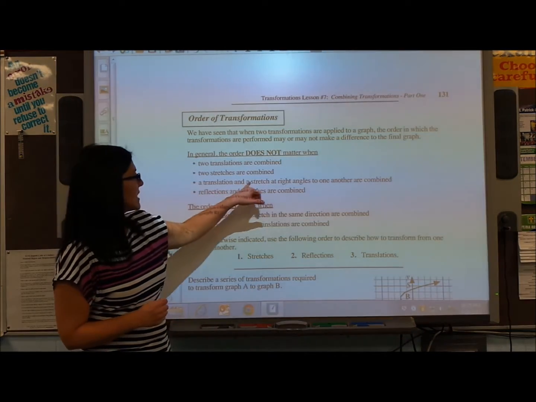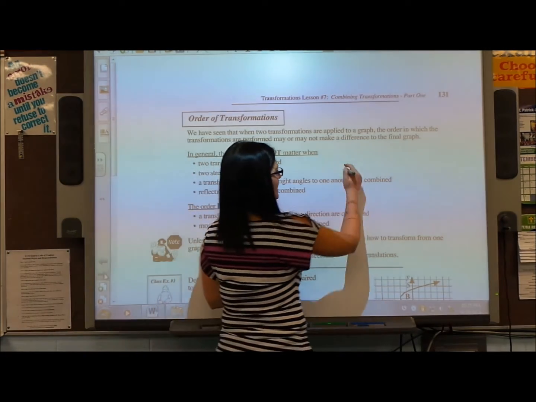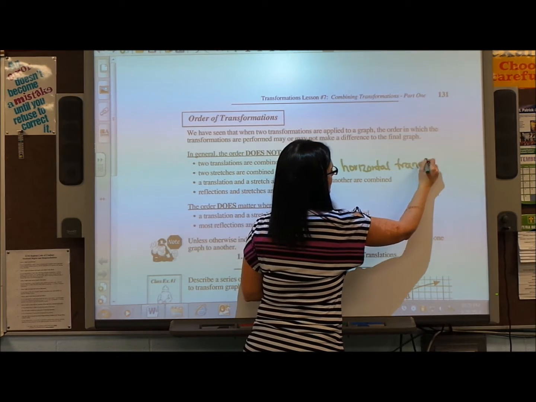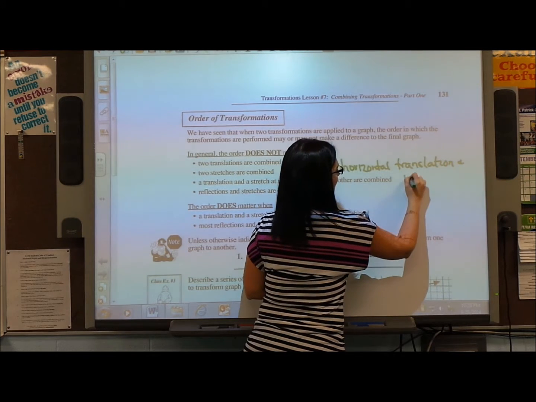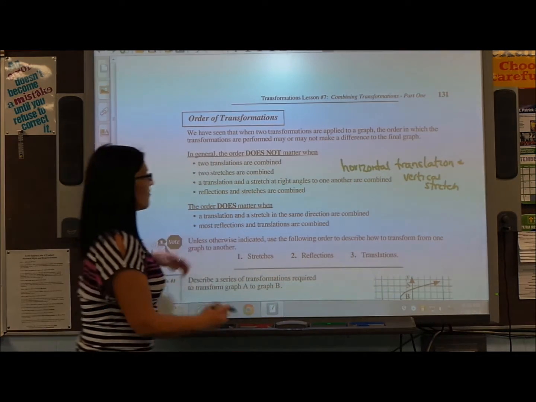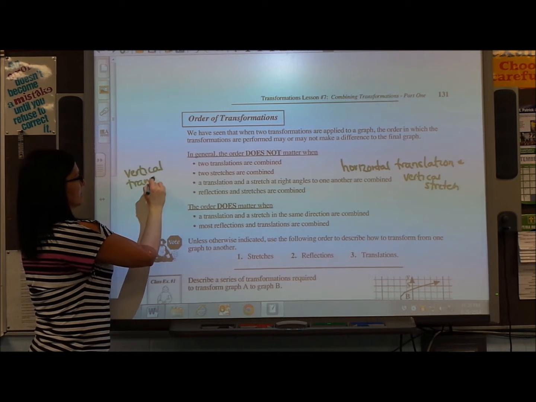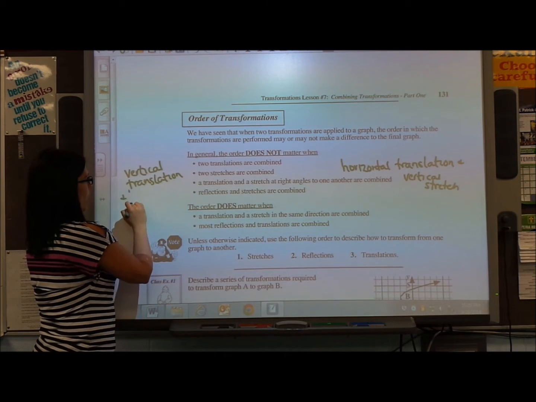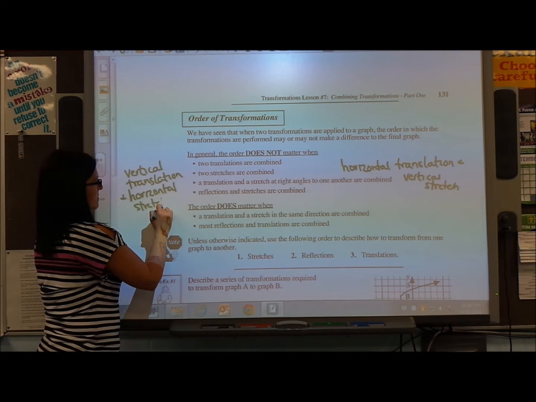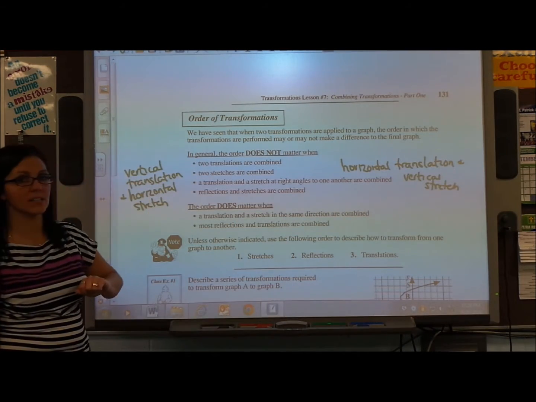If I do a translation and a stretch at right angles to one another, what that means is if I did a horizontal translation and a vertical stretch, or if I did a vertical translation and a horizontal stretch, the order does not matter because this impacts the y's, this impacts the x's.